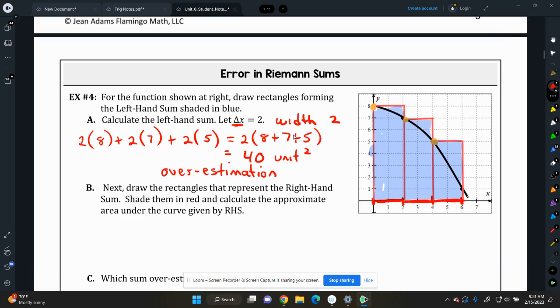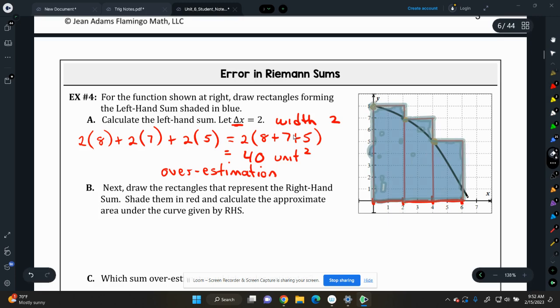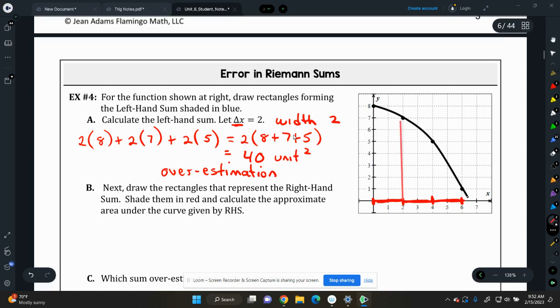Let's look at the next one. Draw rectangles that represent the right hand approximation. I'm going to erase this so that it doesn't look so messy. We're still using delta x equals 2. This time we're looking at a right approximation, so I'm going to take my right edge and go up until it intersects with the curve.